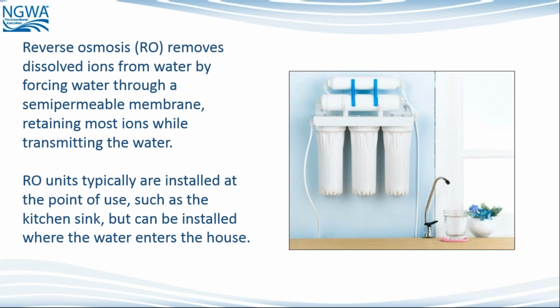And the filtration actually occurs all the way down to the ion level or the submolecular level. So we're really removing quite a bit of material, almost all of the material, out of the water through the RO process. So RO units are a very high-grade type of water treatment.